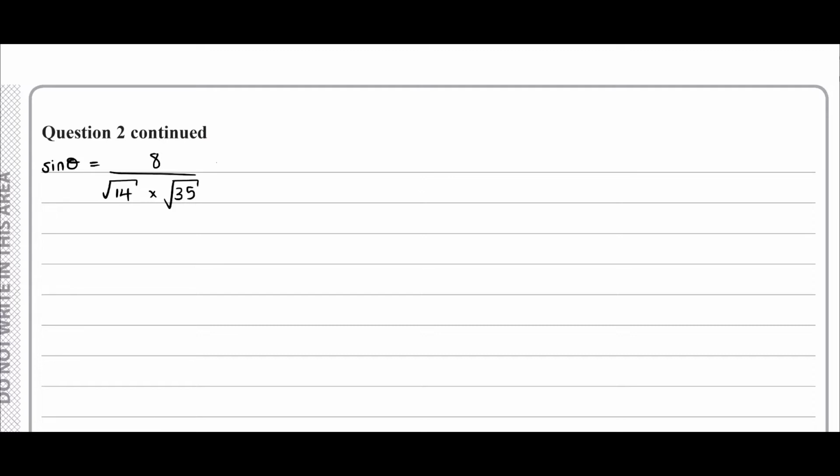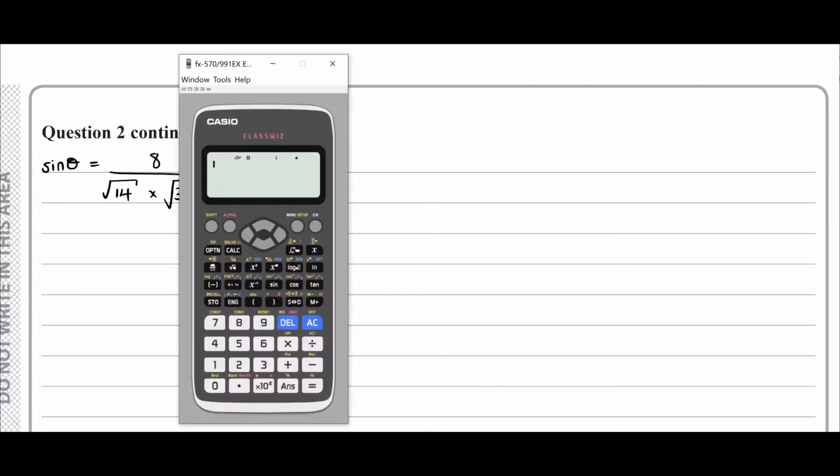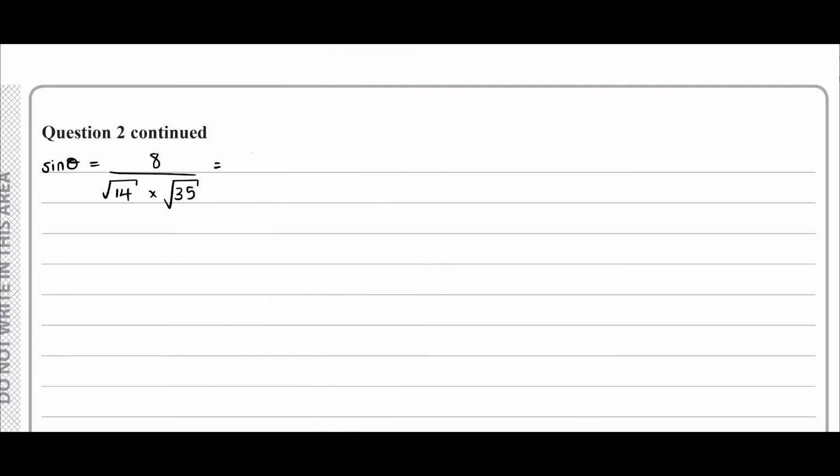So if we work this out with our calculator, first of all, make sure our calculator is in degrees. 8 over root 14 lots of root 35 would equal 4 root 10 over 35.